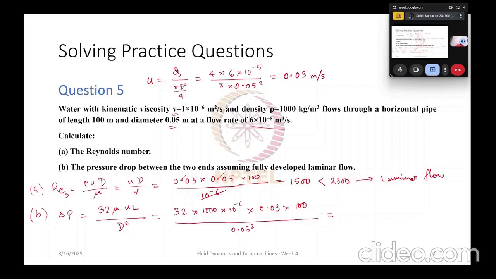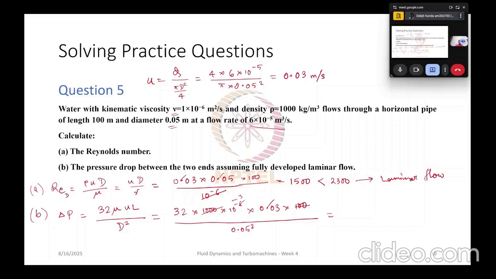Let's simplify this first a little bit. 100 into 0.03, I can simply remove this decimal. We just have 3 over here. And 1000 into 10 power minus 6, we can write as 10 power minus 3.